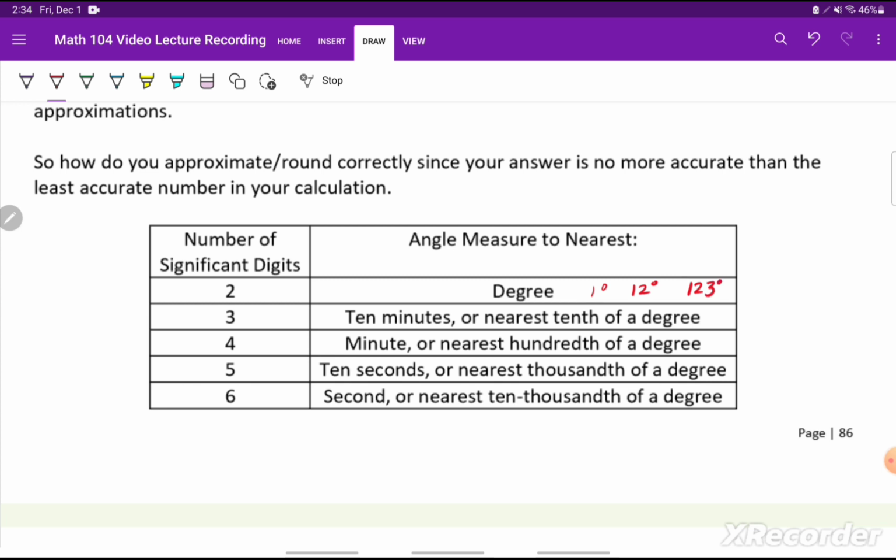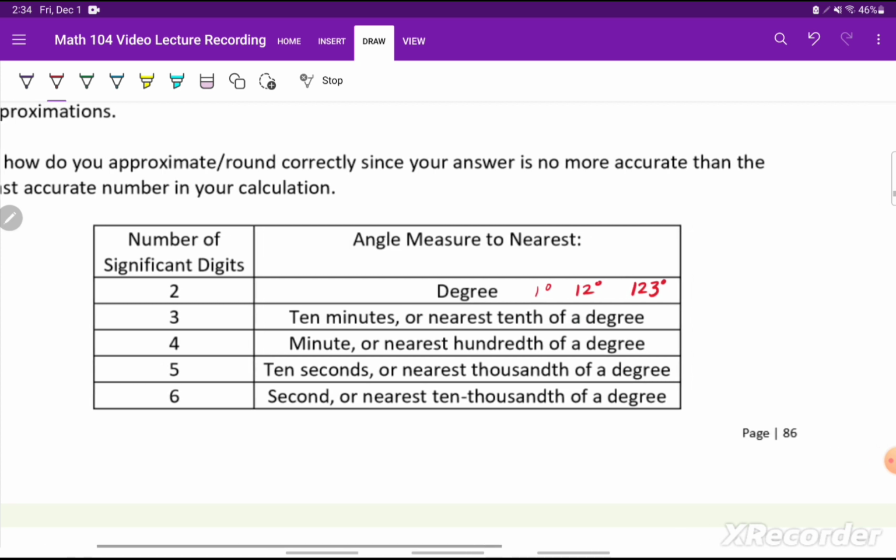All of those count as 2 significant digits. Now, if your angle is rounded to the nearest 10 minutes or 1/10 of a degree, if it's in decimal notation, then that's 3 significant digits, because you're getting 2 significant digits for the degree portion and then 1 significant digit if it is rounded to the nearest 1/10 or 10 minutes.